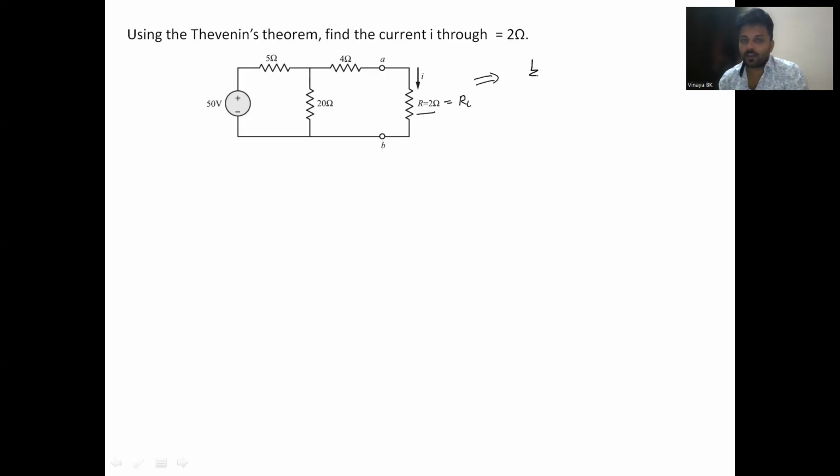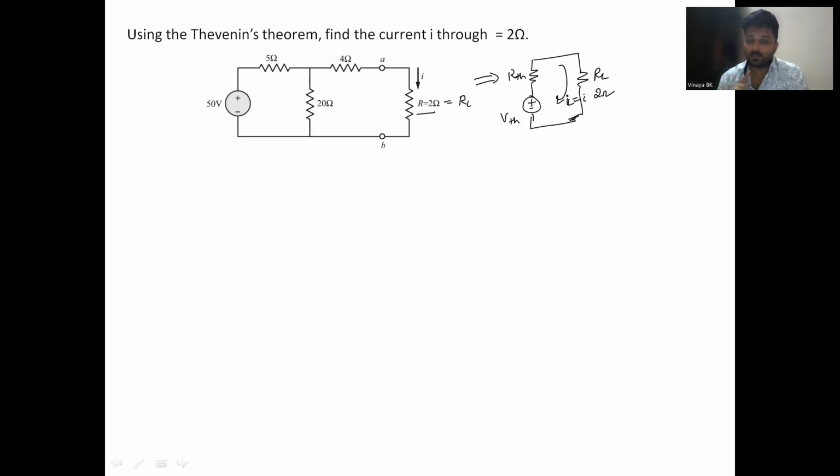You need to get RTH in series with VTH across the load resistor. We know the value of the load resistor, RL, that is nothing but 2 ohm. So you need to find the value of VTH and RTH to get the value of current flowing through the 2 ohm, that is IL. Sometimes you can call that I also.